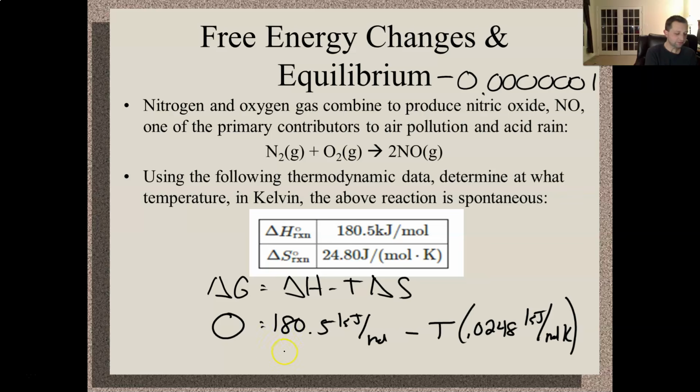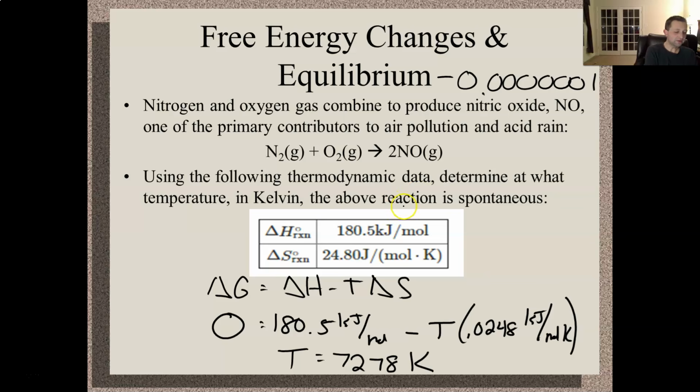You're going to get a temperature of 7,278 Kelvin. That's when the above reaction is spontaneous. Okay, so quite the temperature to be a spontaneous reaction here. So it's not going to happen at some of the lower temperatures, obviously, but that's how you solve it.